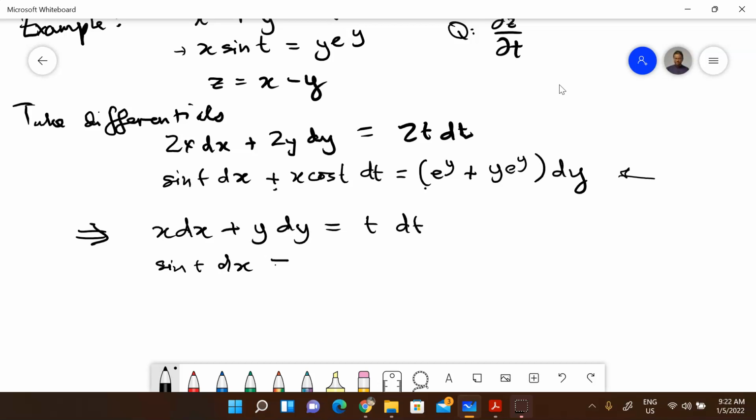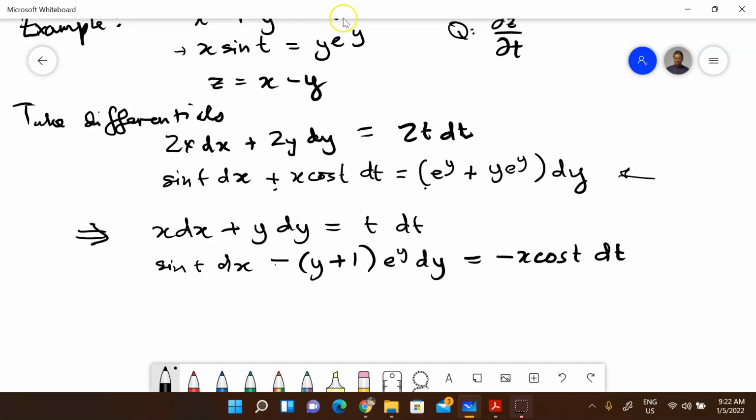So that would be a minus. So I would actually have minus (y plus 1) e to the y dy, and then I bring the dt to the other side, and that gives me minus x cos t dt.